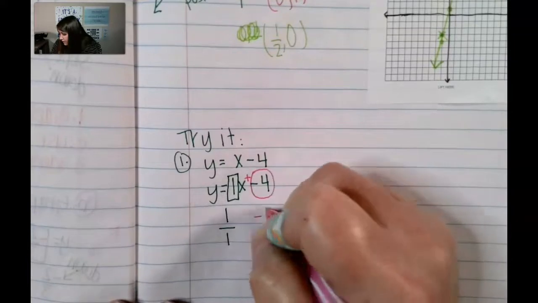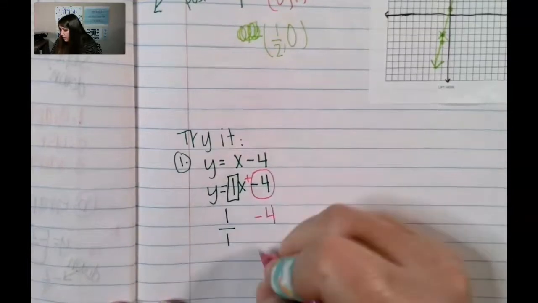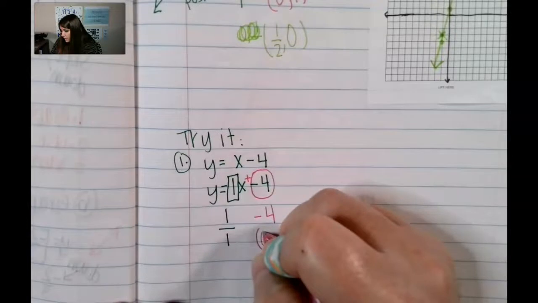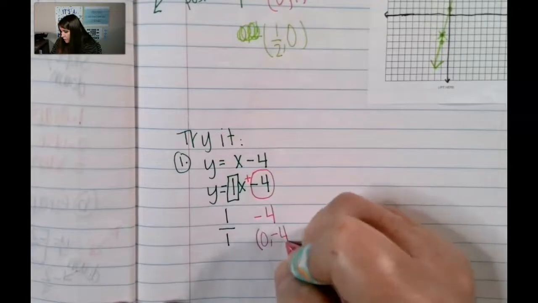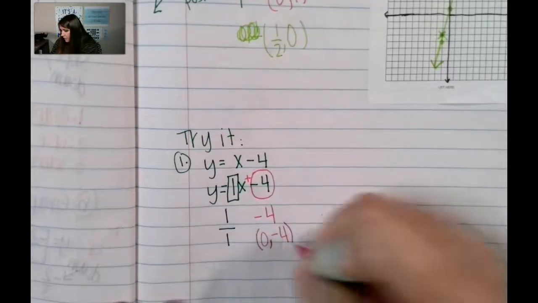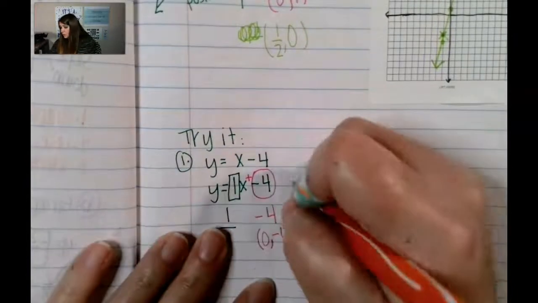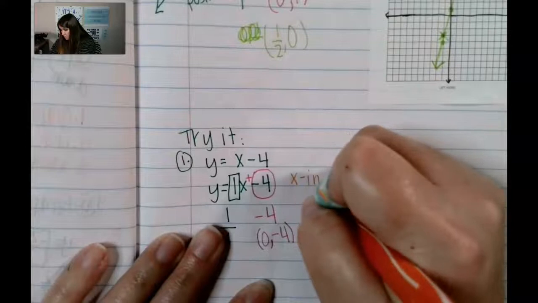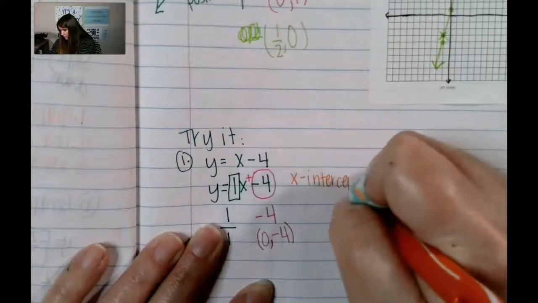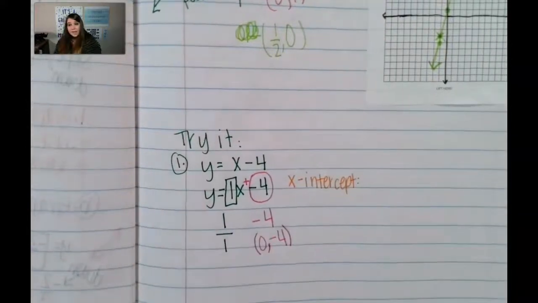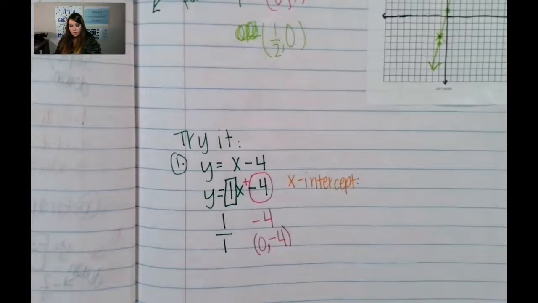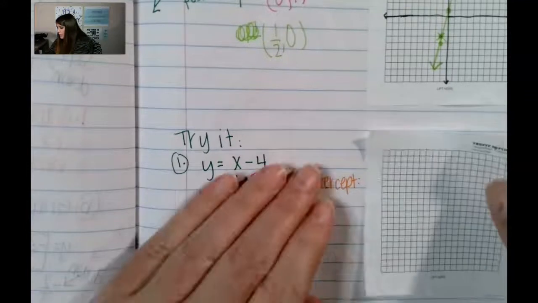So my y-intercept is -4, which means that my ordered pair is 0, -4, because the y value is -4. So I need to then find the x still. I don't know what it is yet because I have not graphed. So we're going to go ahead and graph and look for the x-intercept.